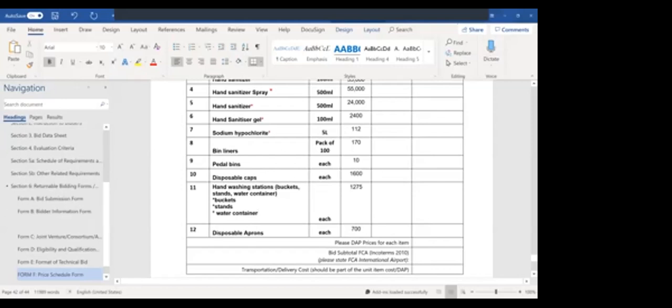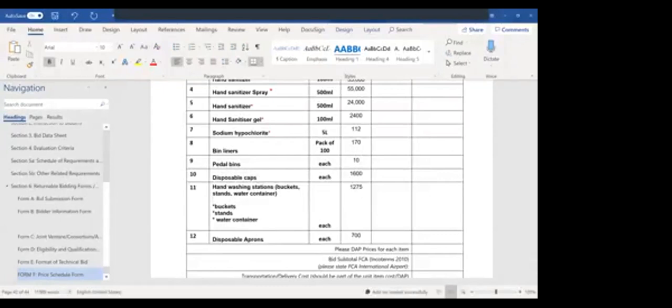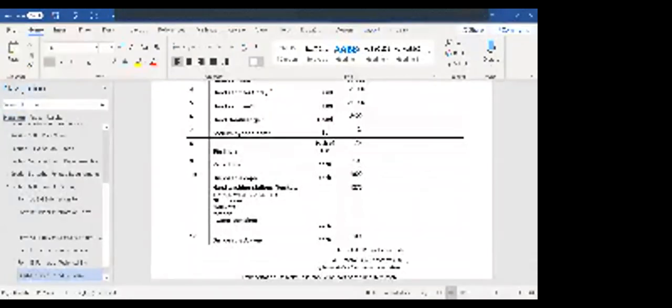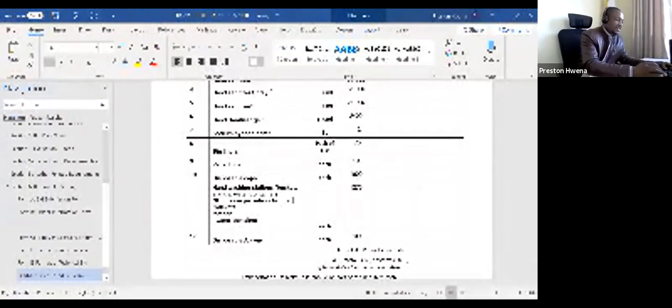Okay, just to make sure that I heard you correctly, even if I'm quoting for the whole station with the 3 items, I have to also indicate my prices individually. Yes, that's true.